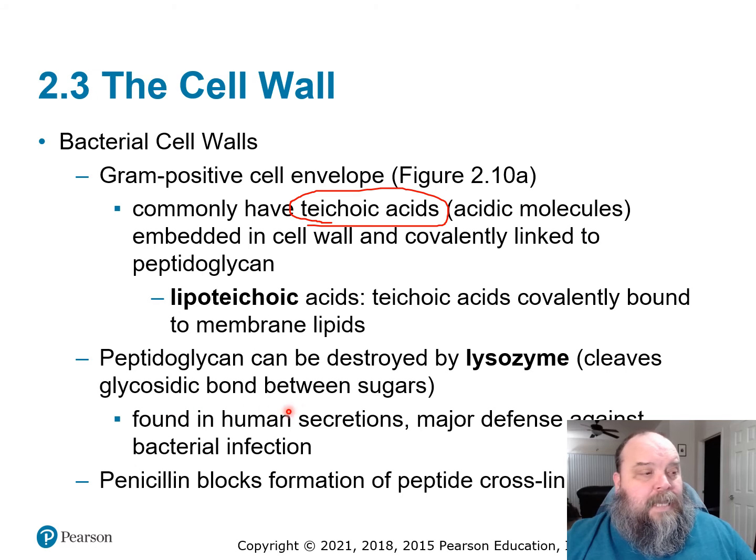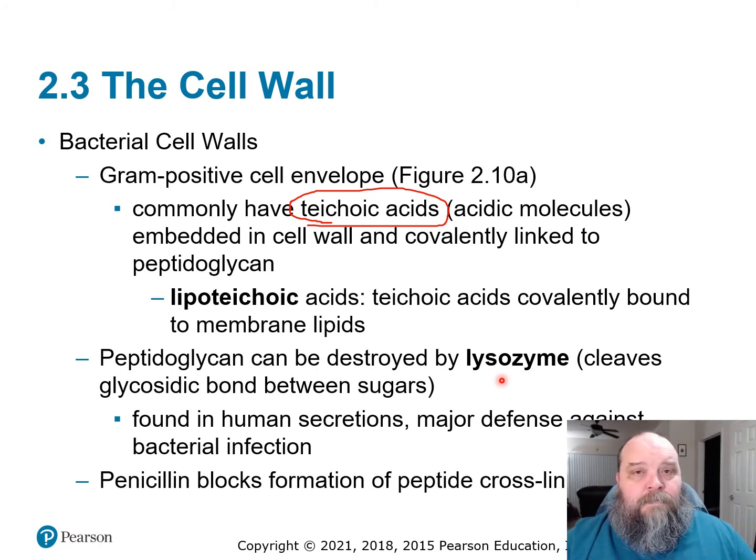Now this peptidoglycan, it's not like a cinder block wall that can't be destroyed. Turns out it can be relatively easily damaged using enzymes such as lysozyme. Lysozyme is an enzyme we have in our tears, as an example, that goes through and just starts cutting.